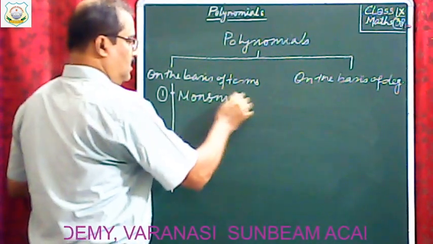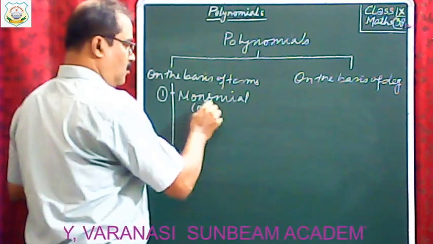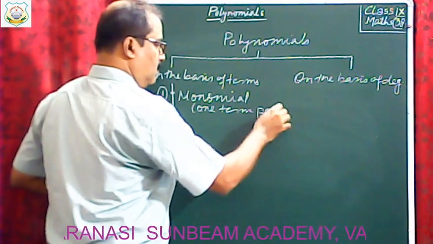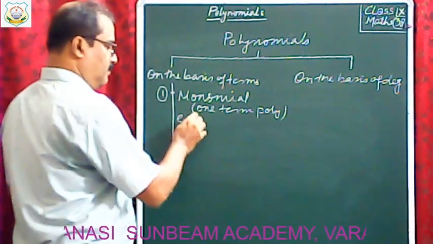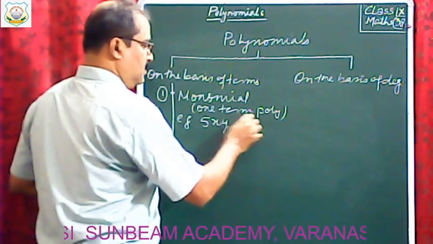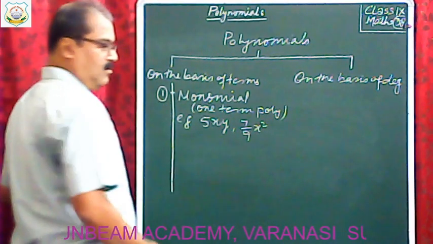Monomial means one term polynomial. For example, 5xy or 7 by 9x square, whatever.